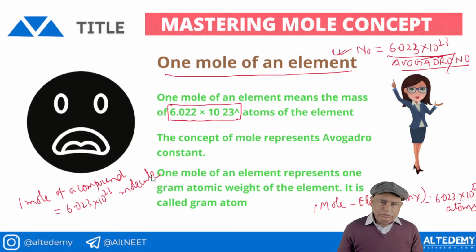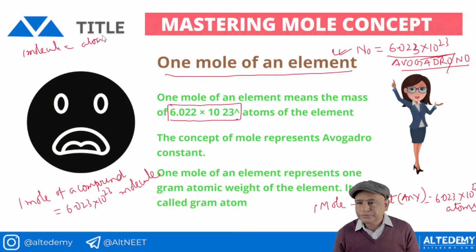So whether it is an element or a compound, 1 mole stands for 6.023 into 10 to the power 23. It may be atoms, it may be molecules. It is altogether a different thing that later on we will be calculating how many atoms are in 1 molecule. Suppose it is asked to you and you have to give me the answer in your chat box.